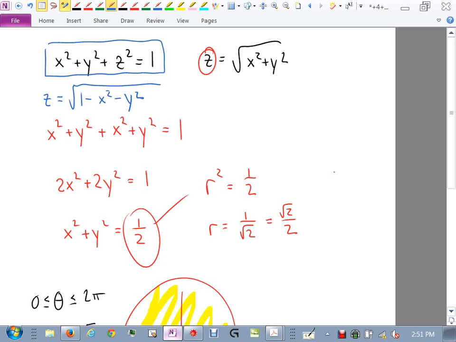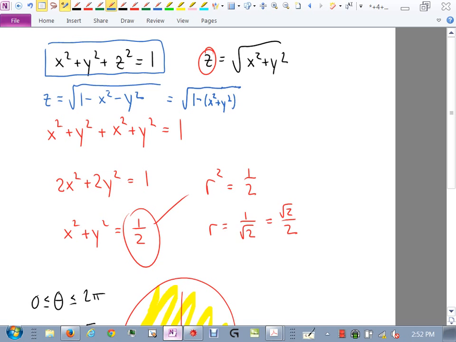All right. How would I go about changing that to polar? Replacing my x with r cosine theta, and replacing my y with r sine theta, right? But I think it's easier if you realize that this is really just the square root of 1 minus x squared plus y squared. So I factored out a negative 1 there.